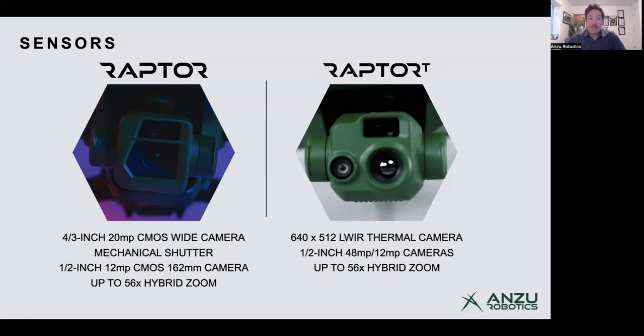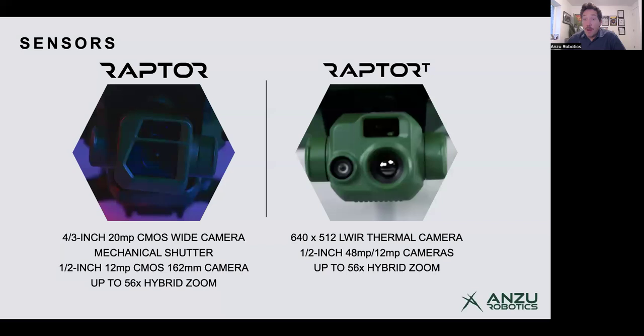But it is something that is extremely powerful for a platform so that you can keep distance from the target so that you can still get the details that you need. It's really impressive stuff the way that has been built. And so if you'd like to see more on the zoom capabilities, please let me know. And then you also have a mechanical shutter that will make your images much more crisp and clear as you are doing things like photogrammetry, 3D modeling, and things like that.